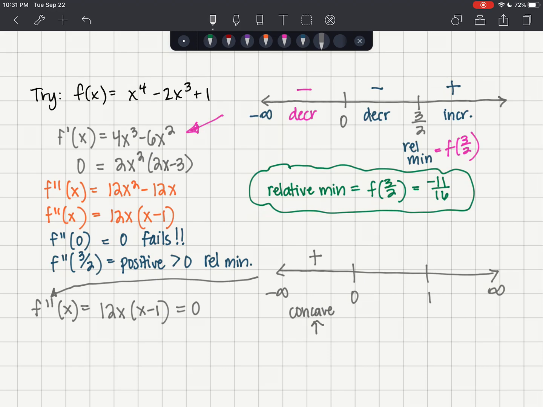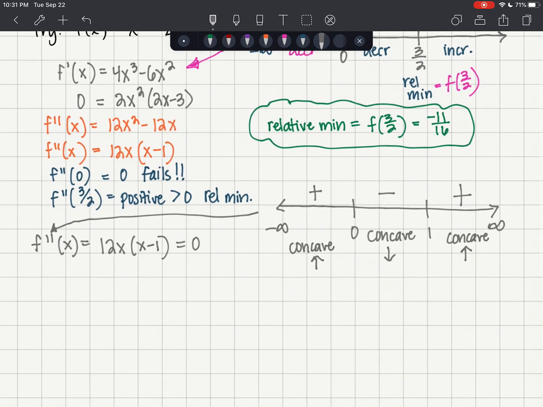If I put in a value between 0 and 1 into my second derivative, let's just say a 1/2, I'm going to get a positive times a negative, which is a negative. That's concave down. And then if I put maybe a positive 10 in, I'm going to get a positive times a positive, which is a positive, which is concave up again.